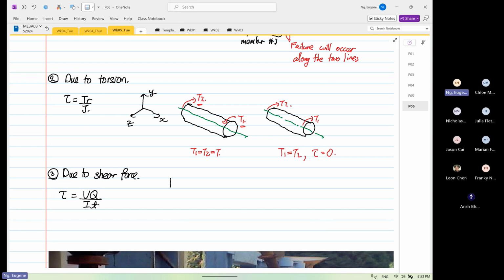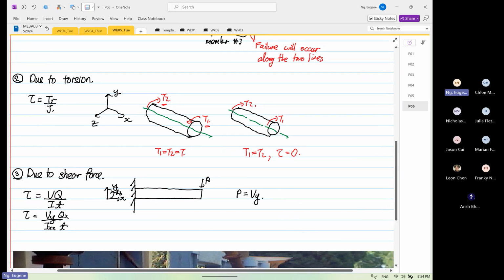If you have a beam, so this is your X and Y, this is rotation about Z. Then you have a beam. This is your P, and in this case, P will be equal to your Vy. Okay, so once you know your Vy, if I write the form of this equation, this is equal to Vy over Ixx Qx over t.